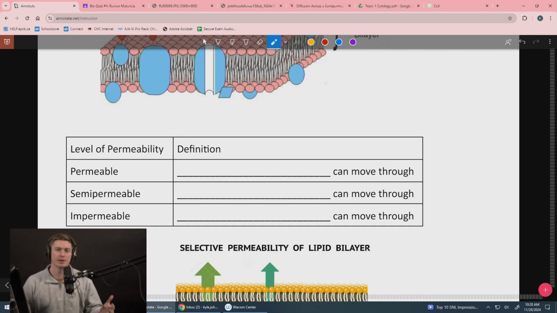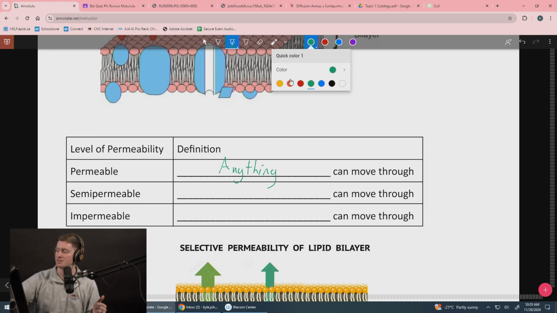We use this word above called semi-permeable. These are some definitions of levels of permeability. Something that is permeable allows anything to move through. A permeable layer is like an open gate. Anything can move through. Semi-permeable, imagine it's kind of like traffic lights.